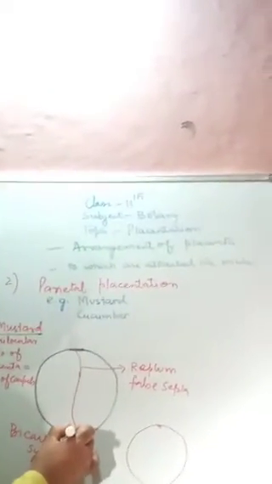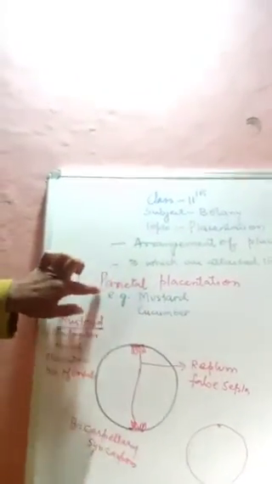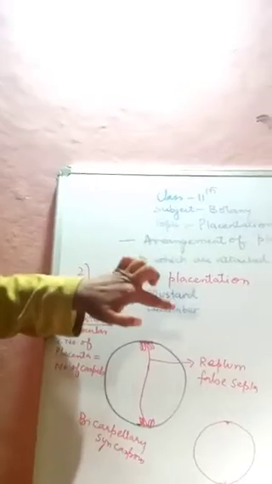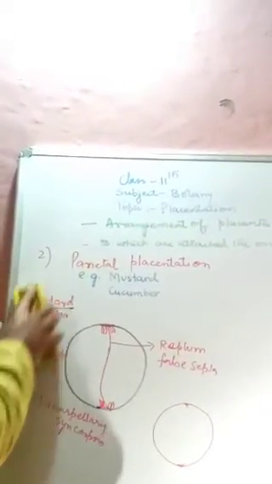From this we will see the ovules are found, and from here also the ovules are found. Since the ovules give rise to the seeds, they are found at the periphery. It is called parietal placentation. Since these placenta are found at this periphery, this is called parietal placentation, and it is found in mustard.